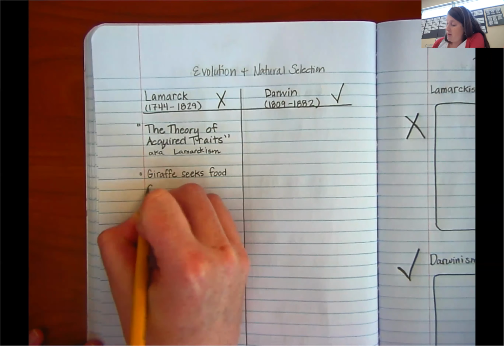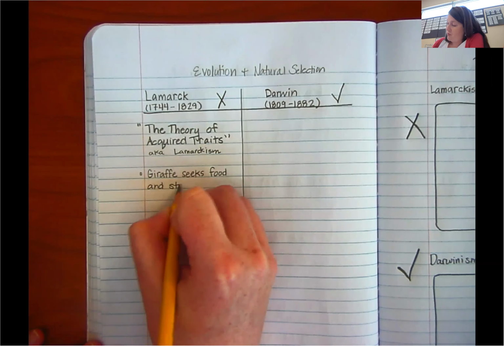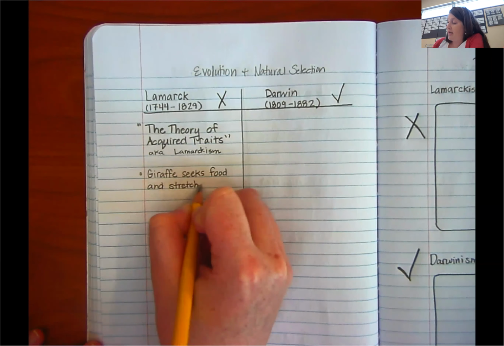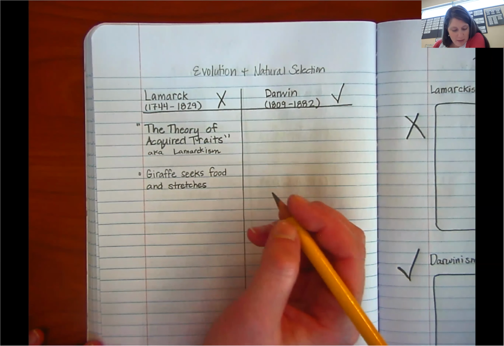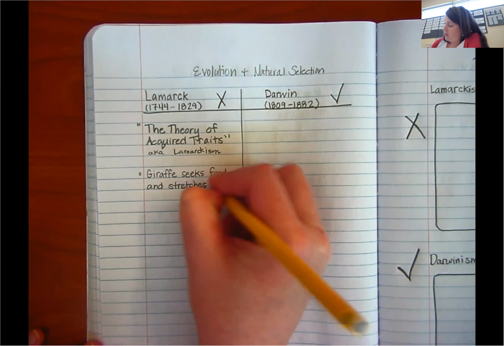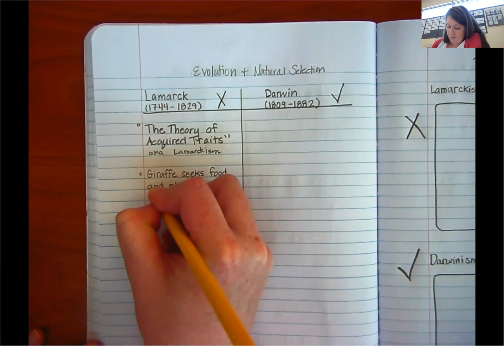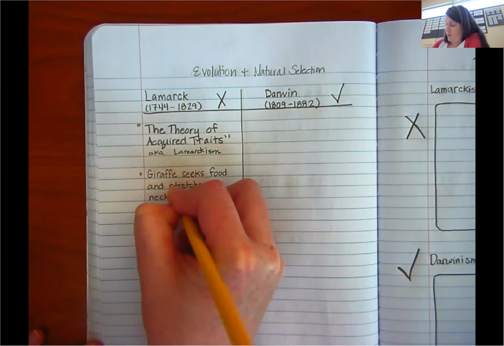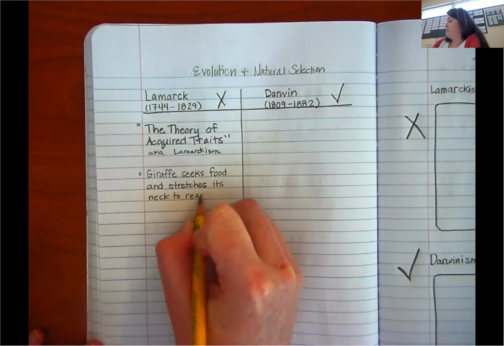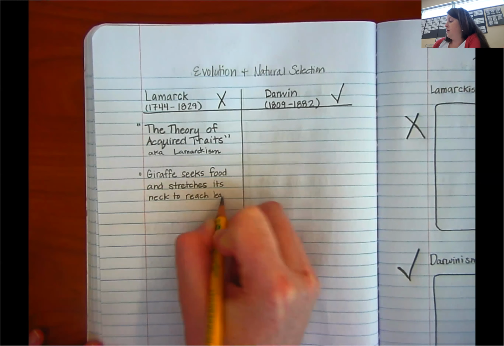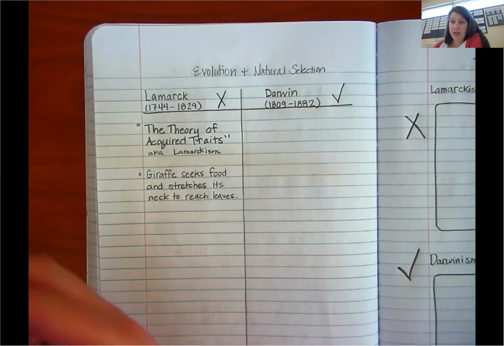And while that might be true, the concept that the giraffe simply needs a longer neck, so he stretches his neck, is no longer really bought into. Okay, so giraffe seeks food and stretches its neck to reach the leaves.